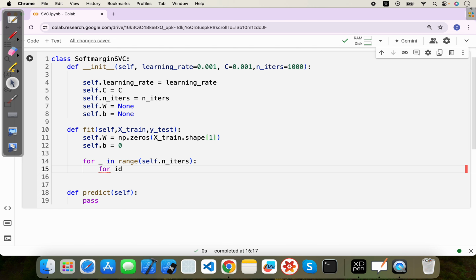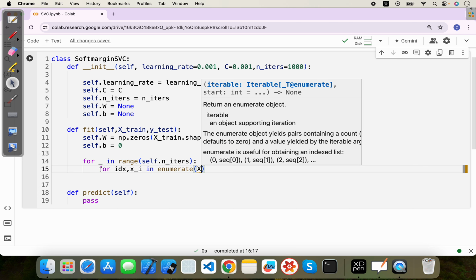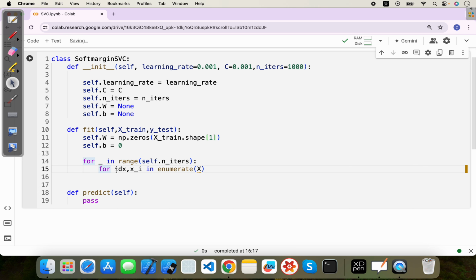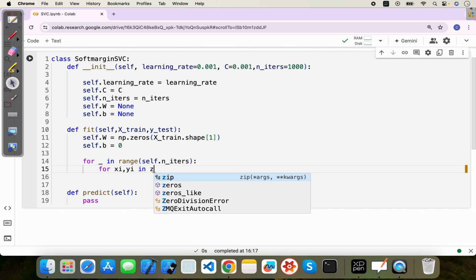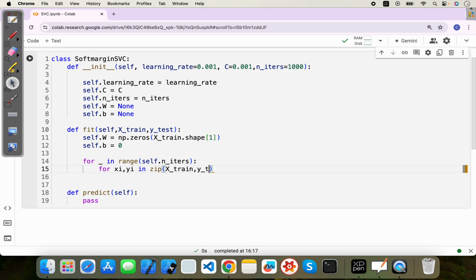We can consider idx, xi in enumerate(x), or we can define a zip as well. Let's say for xi, yi in zip of x_train and y_train, right?